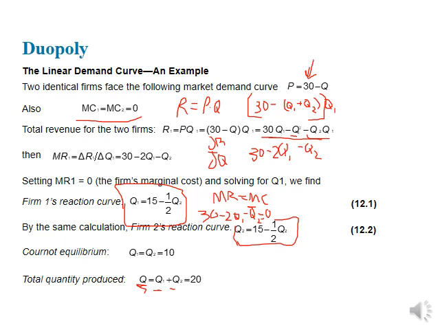We can then get the Cournot equilibrium by substituting Q2 star into our formula for Q1. Take a minute to do that algebra on your own, but you should get that both firms in this numerical example produce 10, putting the market quantity at 20, giving us a market price, P star, of 10.